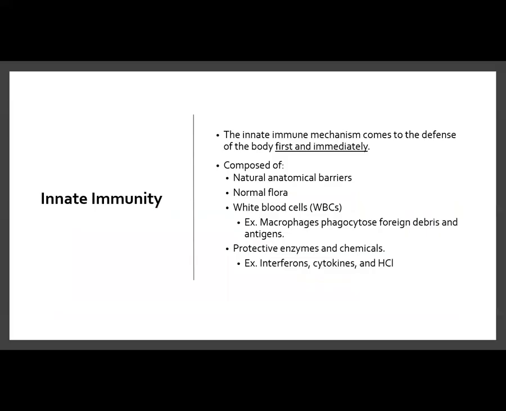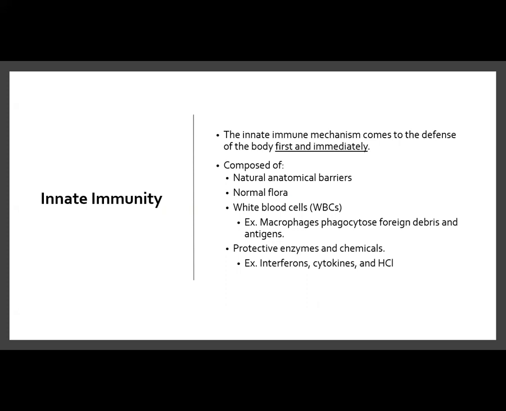So your innate immunity. The innate immune mechanisms come to the defense of the body first and immediately. Innate is what we're all just born with. It's composed of natural anatomical barriers, normal flora, white blood cells. Basically things like your macrophages will phagocytose foreign debris and antigens, protective enzymes and chemicals, things like your hydrochloric acid in your stomach, interferon, cytokines.